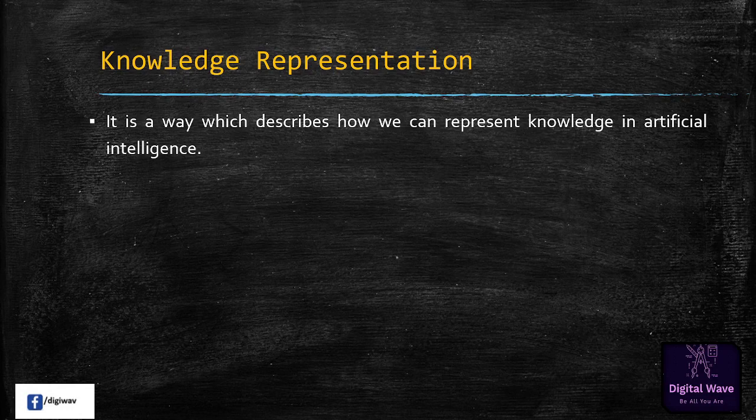It is responsible for representing information about the real world so that a computer can understand and utilize this knowledge to solve complex real world problems, such as diagnosing a medical condition or communicating with humans in natural language.